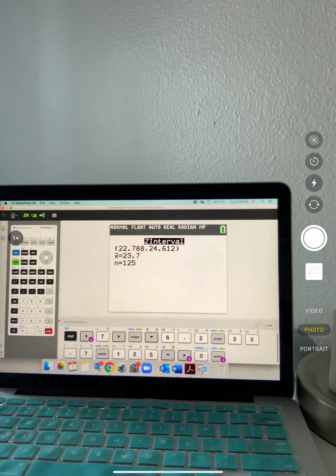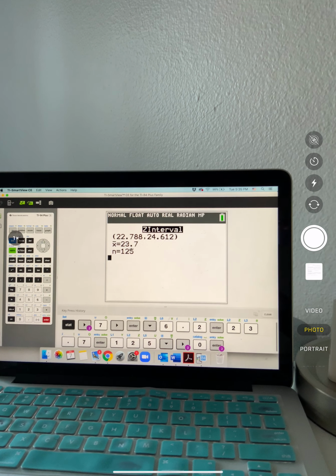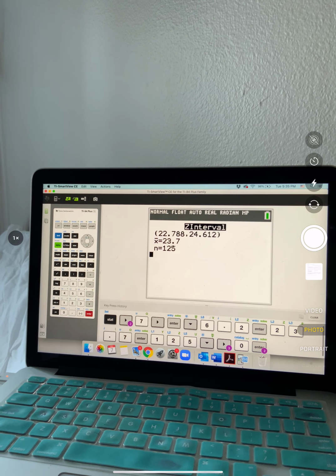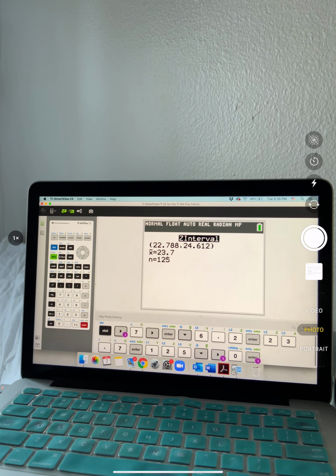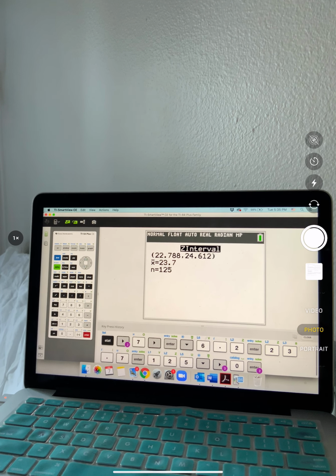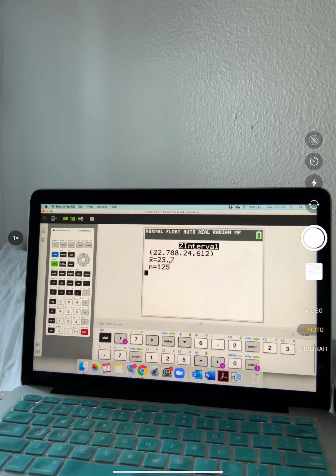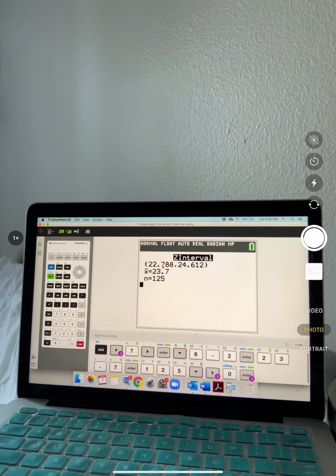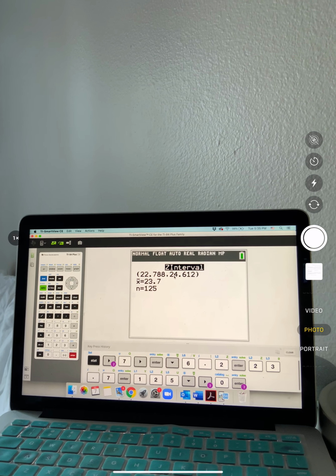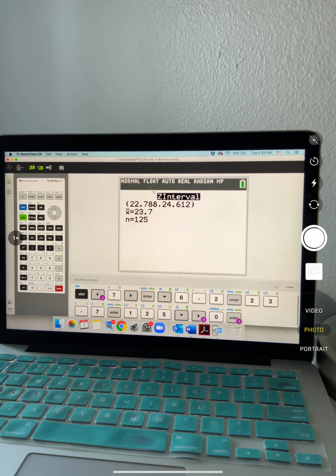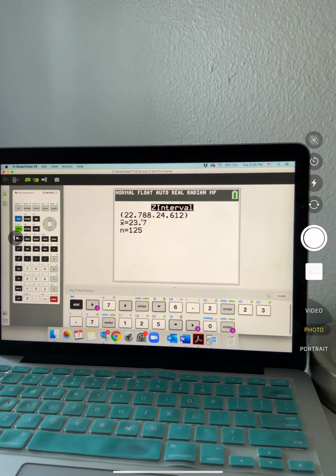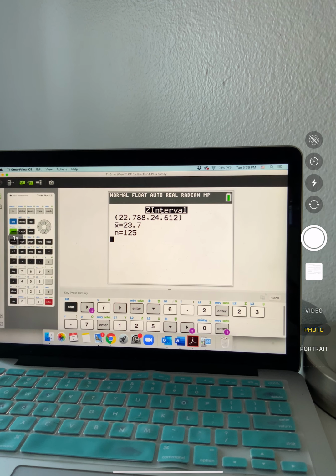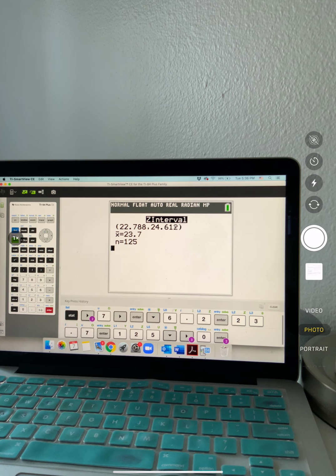So the sample average mean time needed to complete the task for 125 customers was 23.7 hours. So if we took the entire population, it should take around 22.788 hours to 24.612. That's what it means. So you're using this mean value and then building the confidence interval to estimate the entire population.